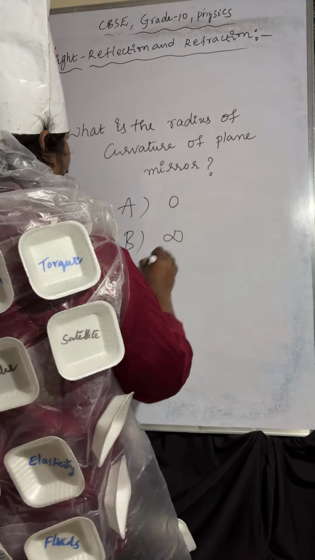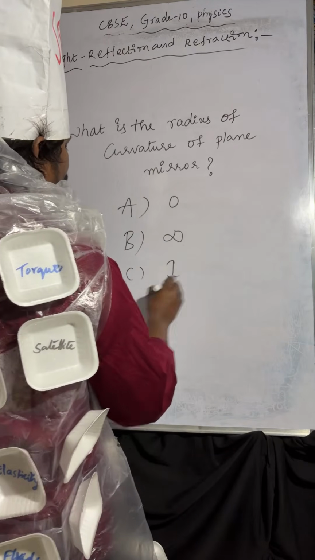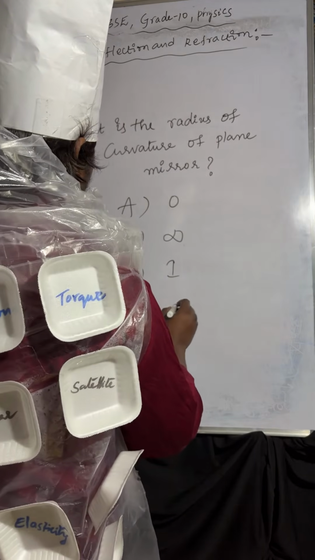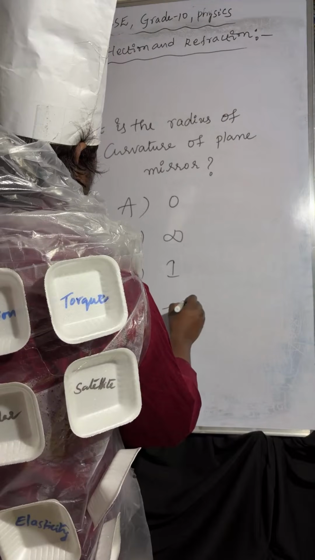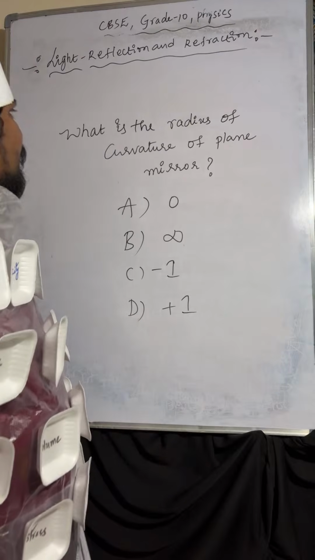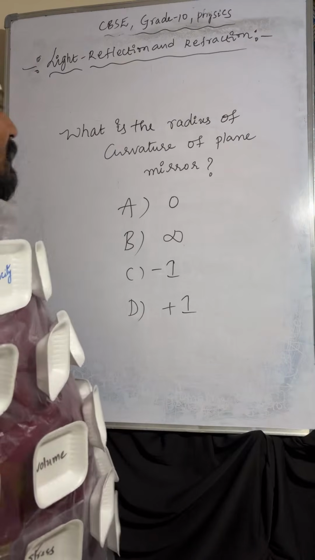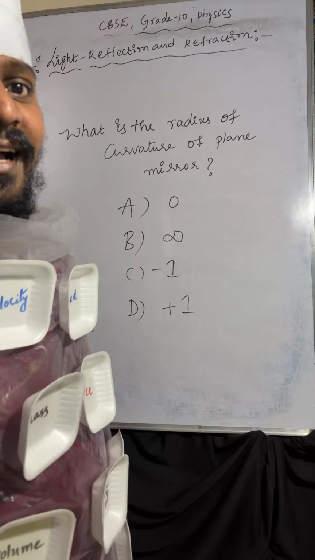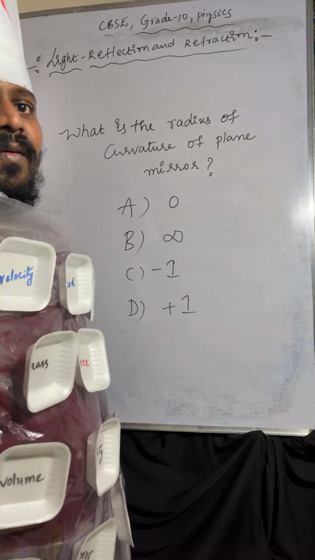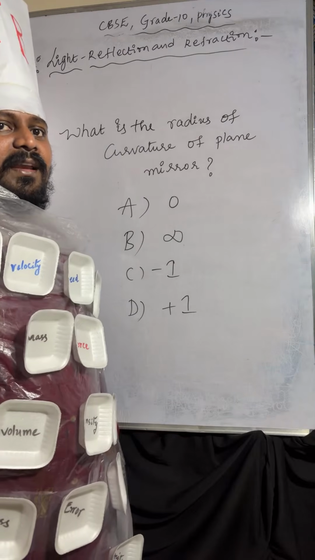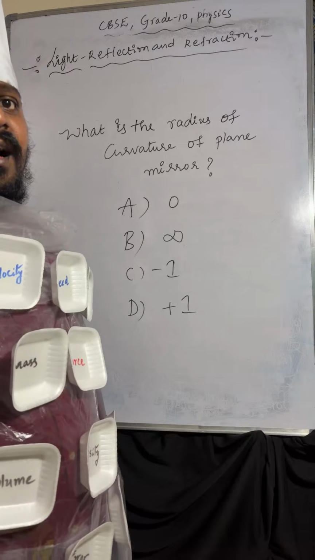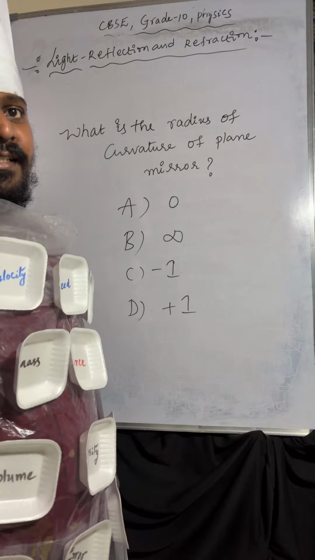Option B, infinity. Option C, 1. Option D, minus 1, here plus 1. What is the radius of curvature of the plane mirror? Answer to the question. Anyone? Which option is correct?